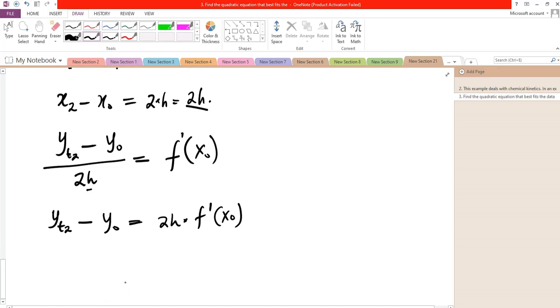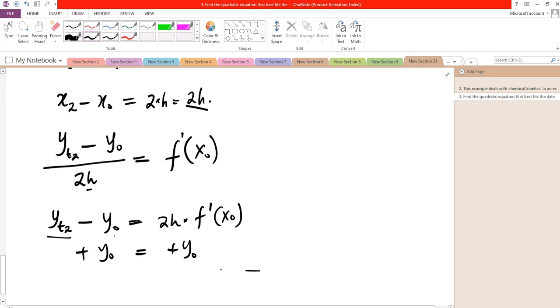So now from this equation, let's say we want to isolate this, we add plus y sub 0 to both sides.